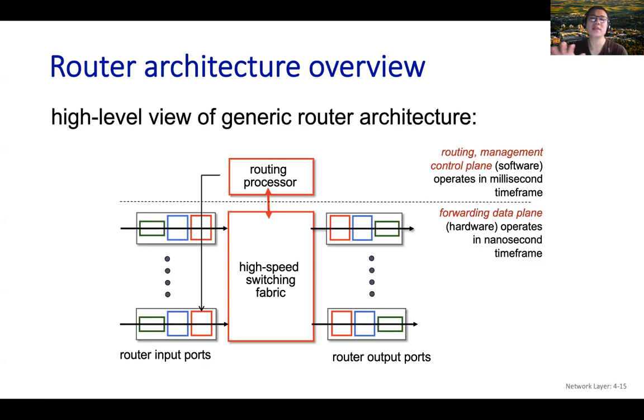That means it's mostly software determining how routing will function. But for forwarding, generally speaking, it's mostly a hardware component. The hardware controls and operates how to forward the datagram.